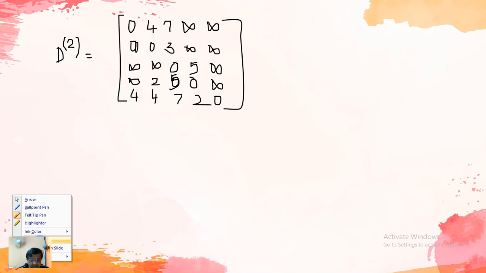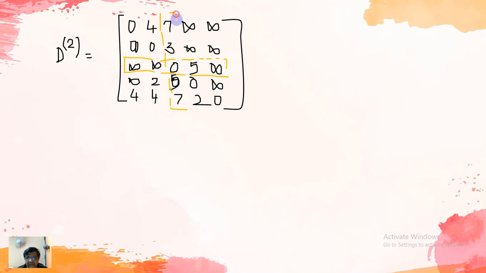Third row happens to be this. The third row is selected and the third column is selected. There are a few numbers available, therefore some changes are going to take place in the next matrix.